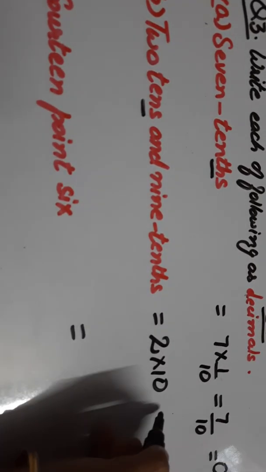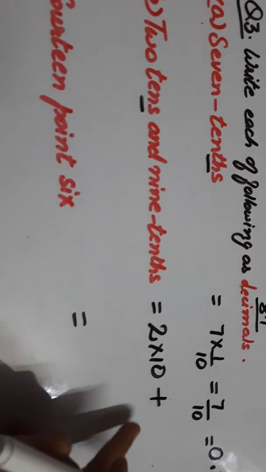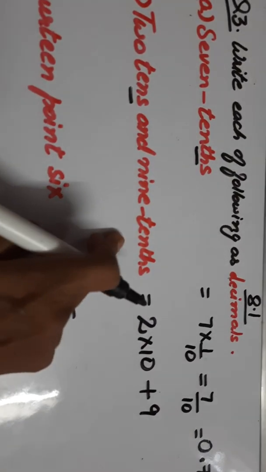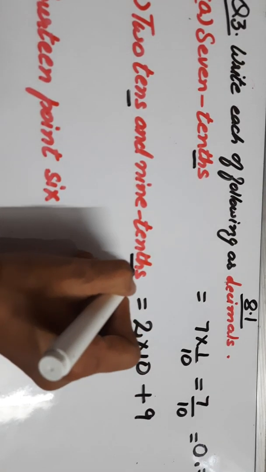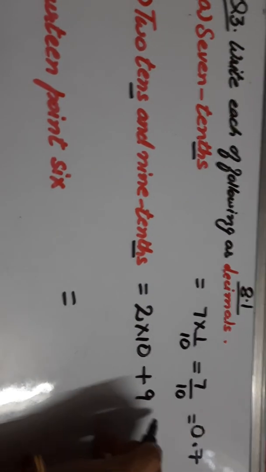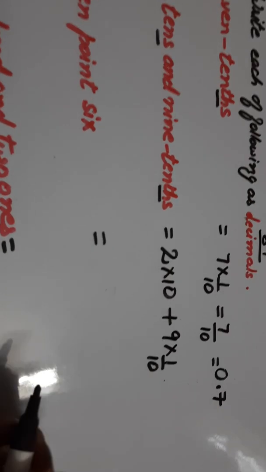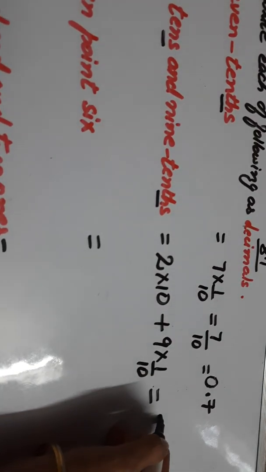So 2 tens, and for 'and' we'll write plus, 9, and for 9 write down 9. Tenth, again TH is there, so we'll multiply it by 1 by 10 like this. So let us solve it. 2 multiplied by 10 is 20, plus 9 ones are 9 by 10.